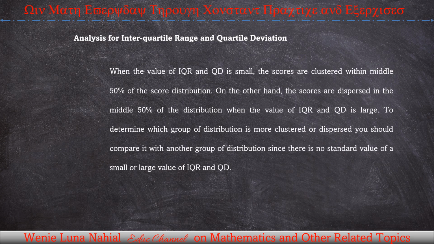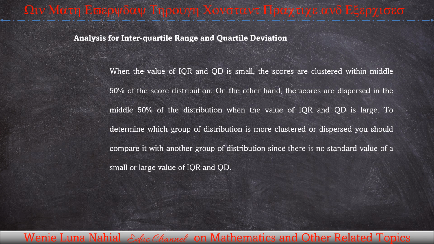When the value of IQR and QD is small, the scores are clustered within the middle 50% of the score distribution. On the other hand, the scores are dispersed in the middle 50% of the distribution when the value of IQR and QD is large.